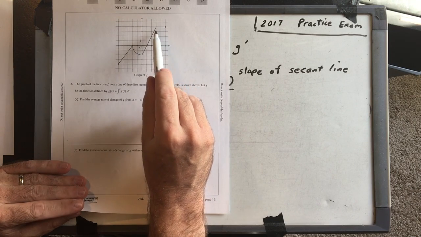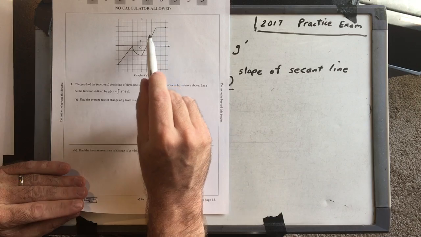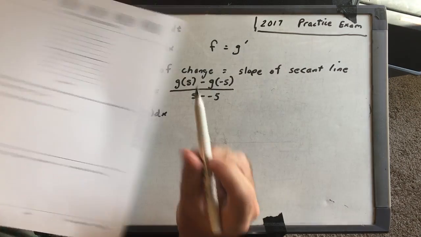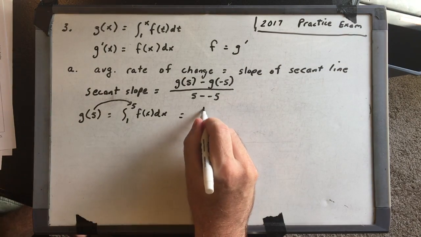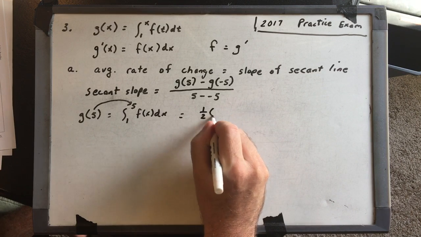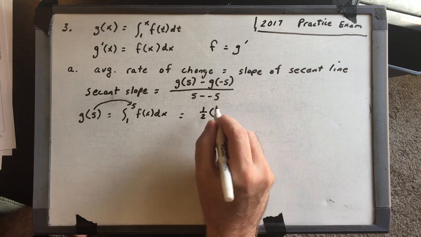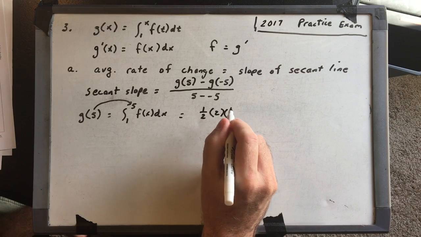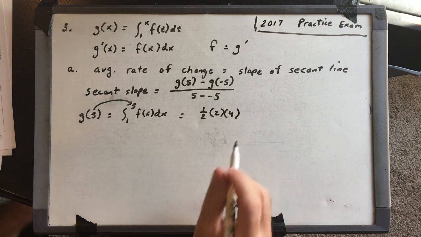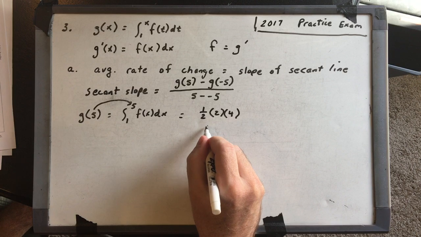So from 1 to 3, we have a triangle. Okay, see that right there? So it's going to be 1/2 base. The base of that triangle will be 2, and then the height is 4. That's from 1 to 3.